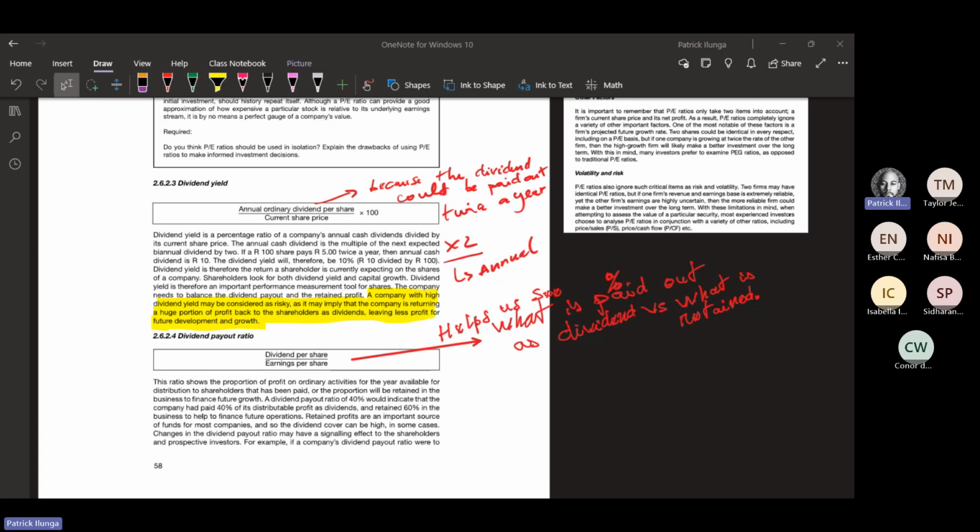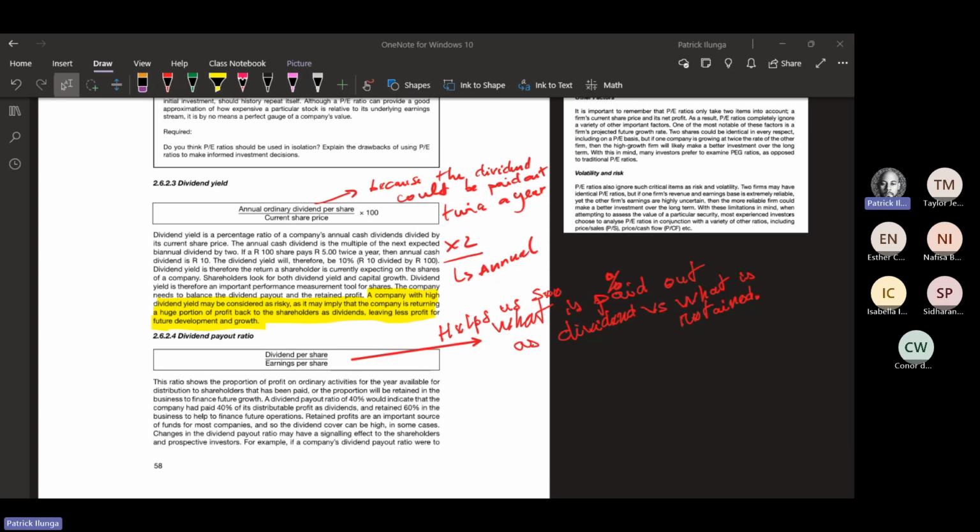So the dividend is what we pay out. But now why do we do a dividend payout ratio? The dividend payout ratio is to see the percentage of money that was paid out to the investors. Does that now make sense to all of you guys?